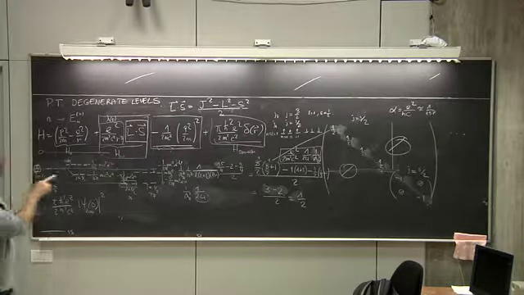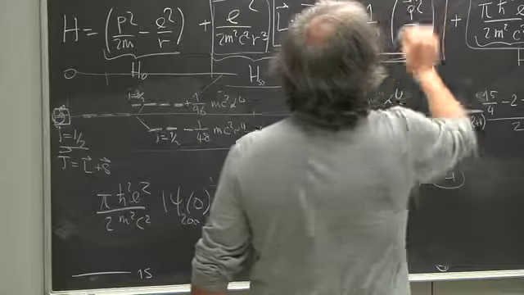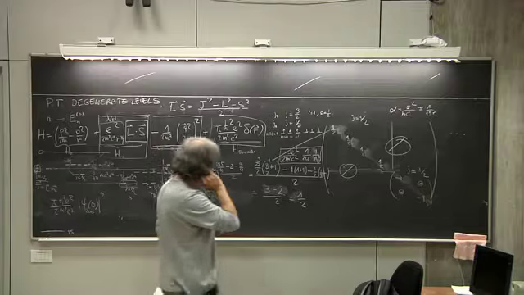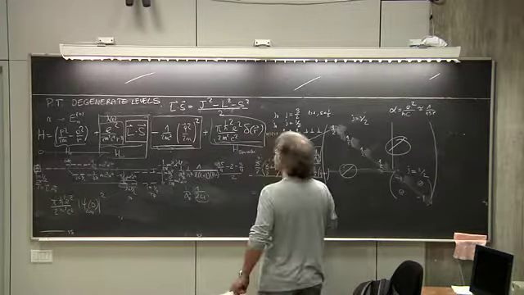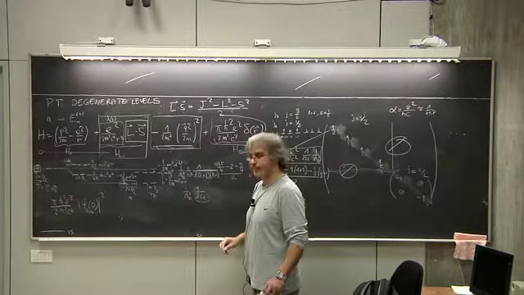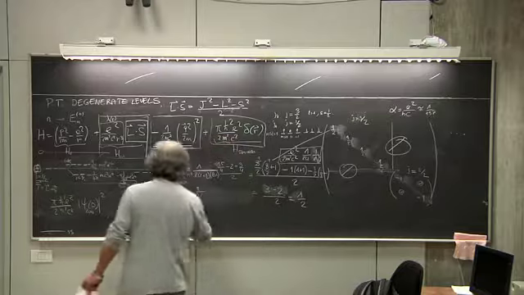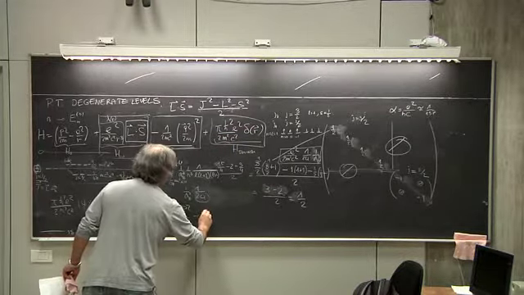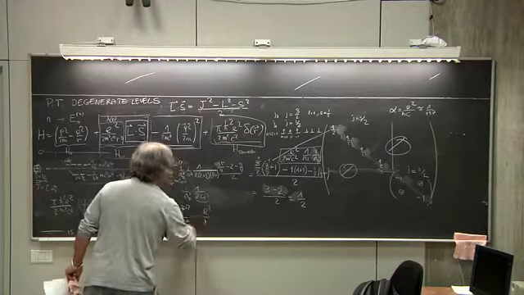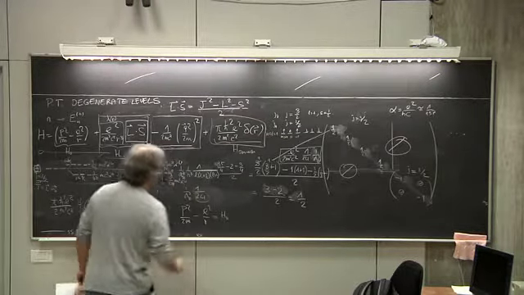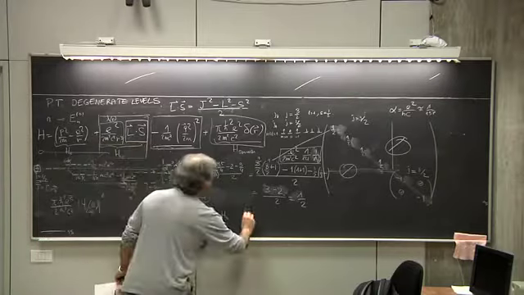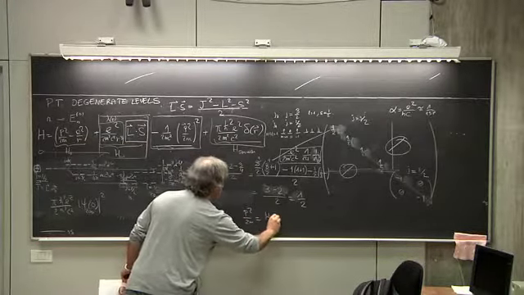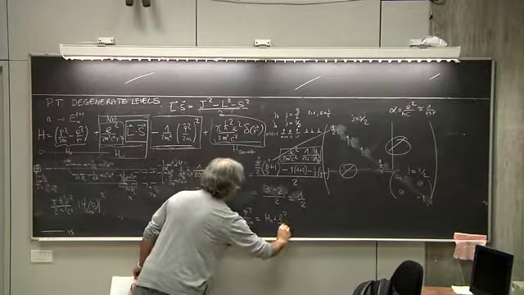How do you calculate this thing, by the way? It might seem like a complicated thing, but it's not. Because you know that p squared over 2m is really equal to, you know that p squared over 2m minus e squared over r is equal to h0. So you can write that p squared over 2m is equal to h0 plus e squared over r.